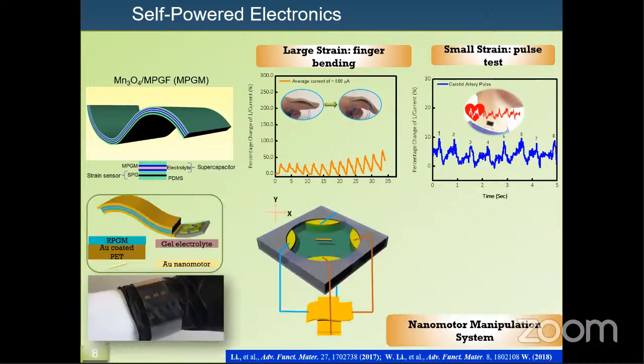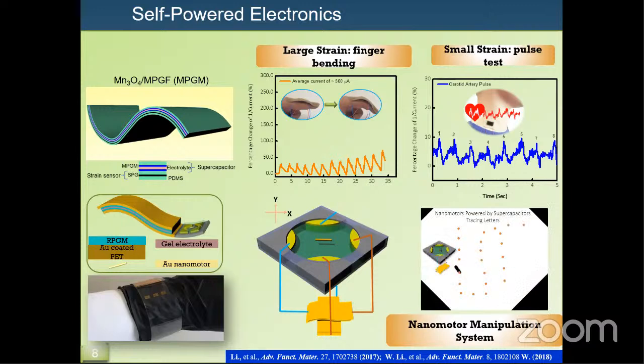When integrated with an electric nanomotor manipulation system, the flexible supercapacitor can power the gold nanomotors to trace the letters U and T, as shown in the video. This demonstrates the grand potential of our 3D porous structures.